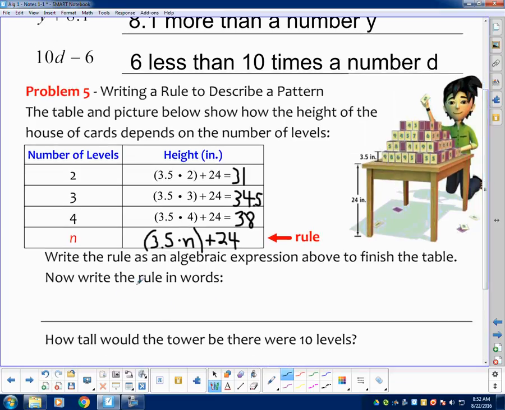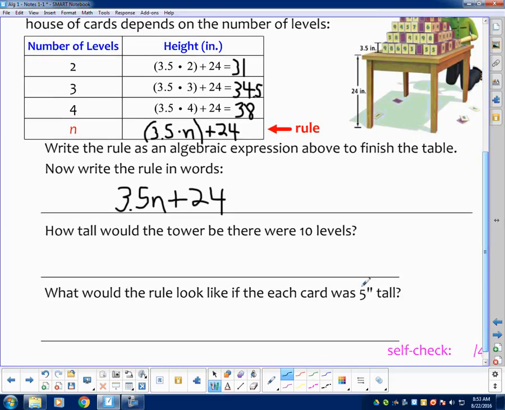So my rule is 3.5n, so one more time, 3.5n plus 24, and I'm writing 3.5 next to the n to represent that you multiply the number of levels times 3.5 and then add 24. Now the way I'd use the rule is, how tall would the tower be if there were 10 levels?